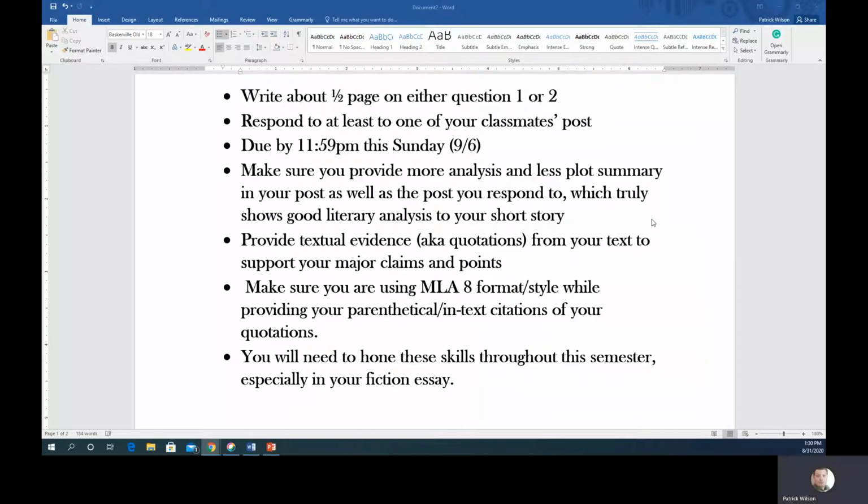So when I say 4 to 5 page essay for essay 1, that basically means 4 complete pages, with page 5 being your works cited page. Or if you need to go to page 5, it would be 5 complete pages, with page 6 being your works cited page. The works cited page doesn't count toward the word count, and it doesn't count toward your particular page numbers.